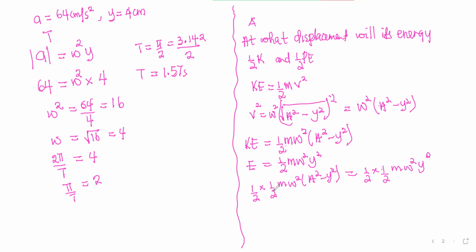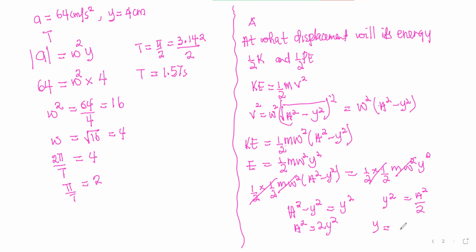So when we equate them, all this will cancel out, and we'll have a squared minus y squared is equal to y squared. So that a squared is equal to 2y squared. Therefore, y squared will be equal to a squared over 2.